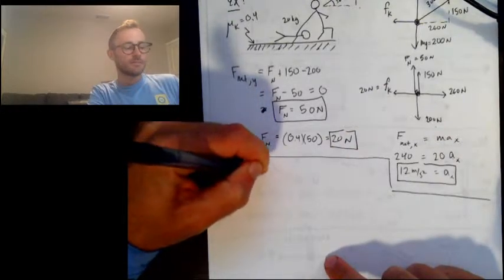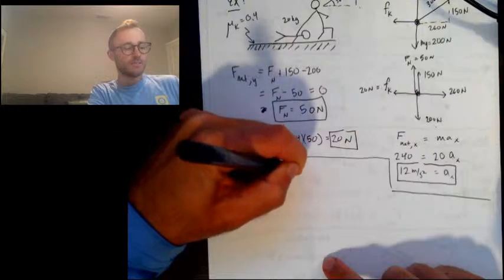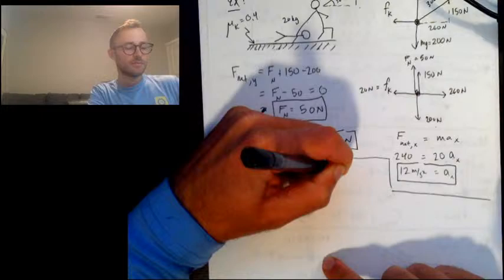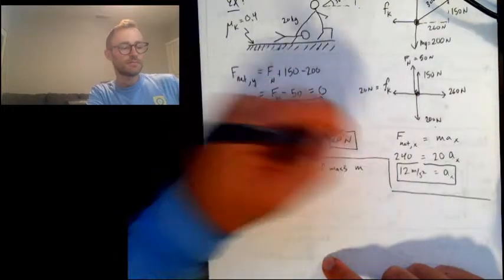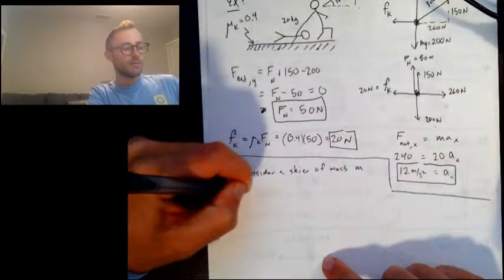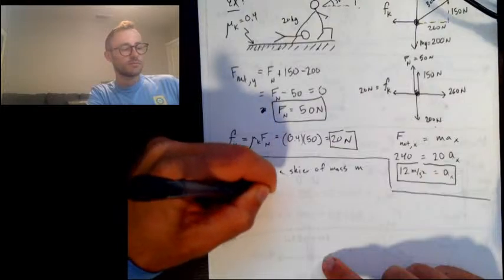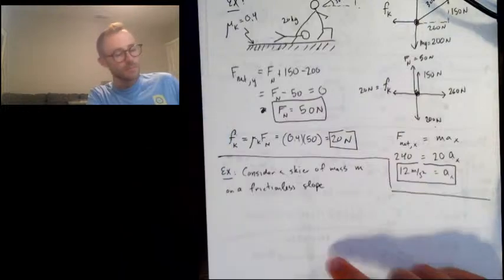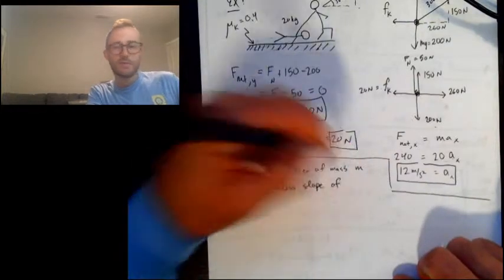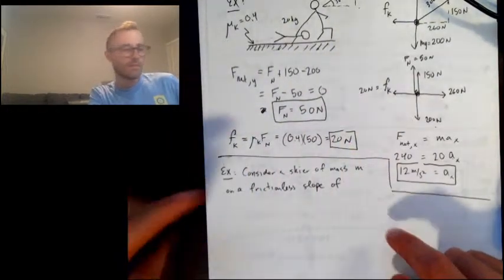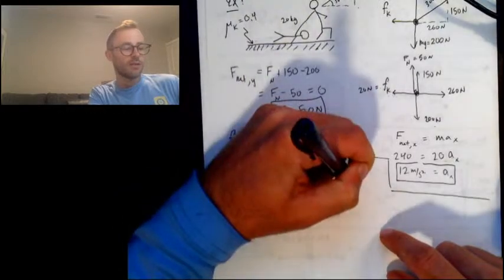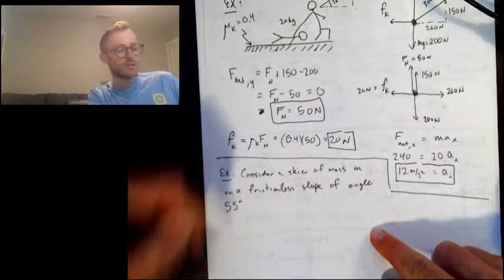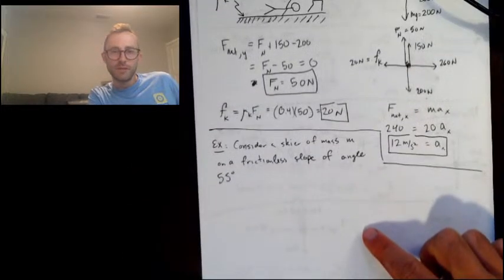Consider a skier of mass m on a frictionless slope of angle, let's say 55 degrees. Okay?